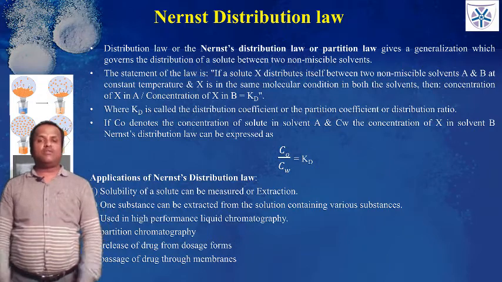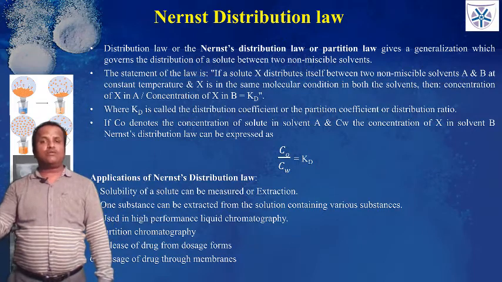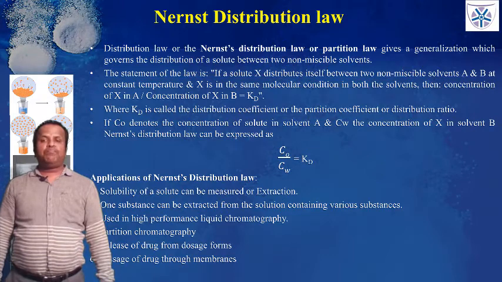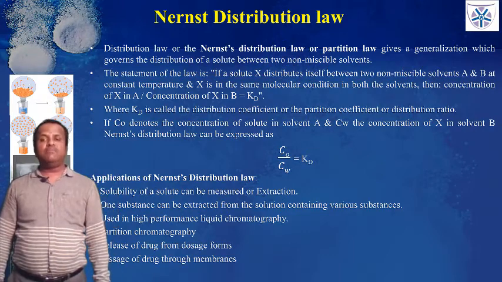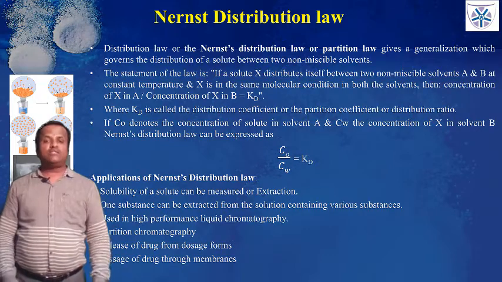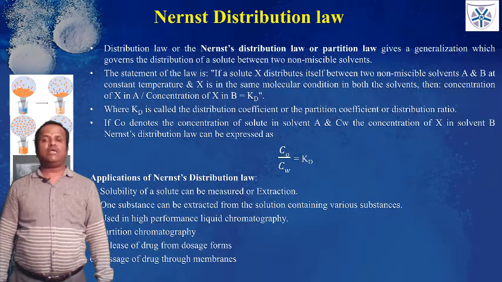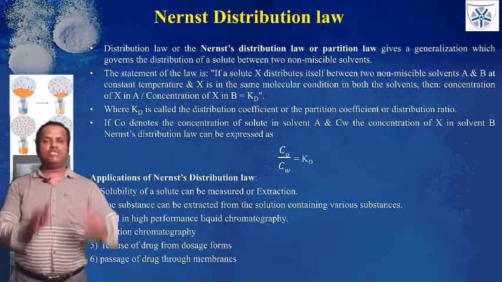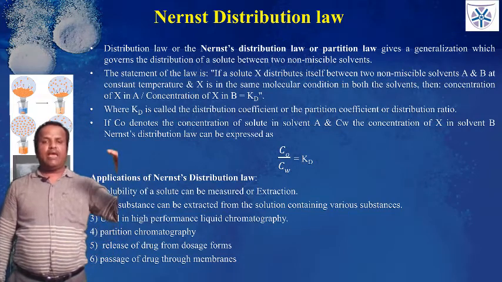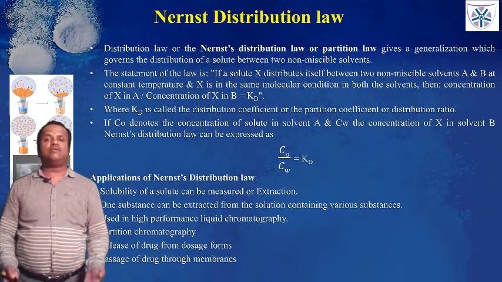The statement of the law is: if a solid X, the third component, distributes itself between two non-miscible solvents A and B at a constant temperature, and X is in the same molecular condition in both the solvents, with no change at the molecular level, then the ratio of the concentration of X in A to the concentration of X in B is nothing but Kd.